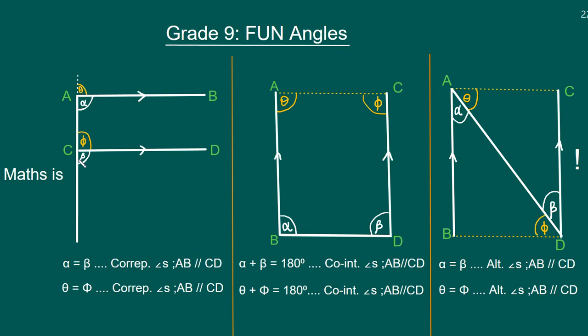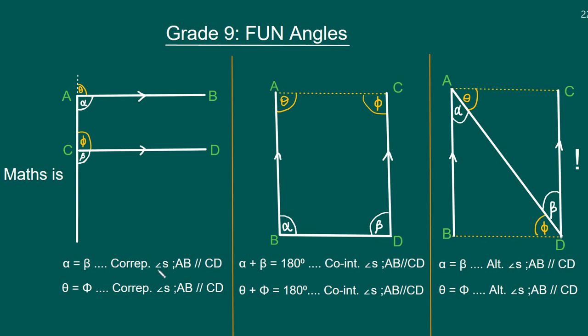I'm talking to people who now know. In fact, even grade 10s and 11s know that we use symbols such as alpha, beta, and theta to represent unknown angles, right? So here I'm using them just for visualization purposes. So alpha here will be equal to beta. But why? Because those are corresponding angles.